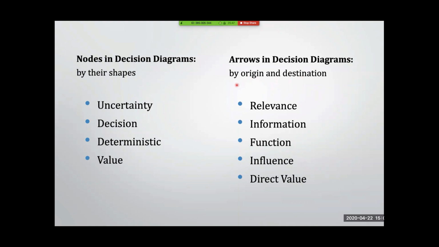And then depending on the origins and destinations, there are 5 types of arrows in the decision diagram: we will have relevance arrow, information arrow, function arrow, influence arrow, and direct value arrow. I'm going to explain each one of these 5 types to you so that you will have a clear idea of what they are.